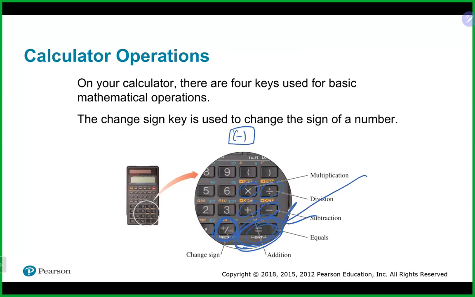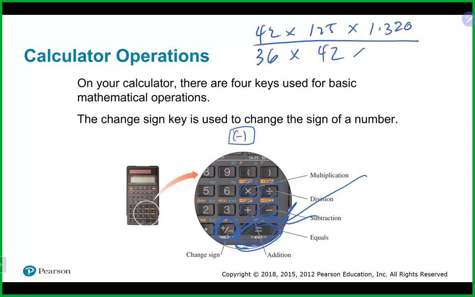For example, say you were going to take 42 times 125 times 1.320 and divide it by 36 and 42 and 122. Sometimes people want to put all that into their calculator at once, and that's a really bad idea.